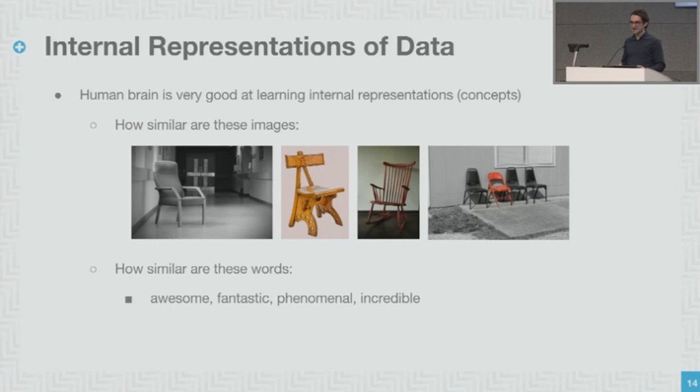We're familiar with the concept of a chair. Same applies to words. For example, how similar are these words? Awesome, fantastic, phenomenal, incredible. They all sound similar to us, but from a machine's perspective, they neither sound similar phonetically nor look similar, without the semantics.